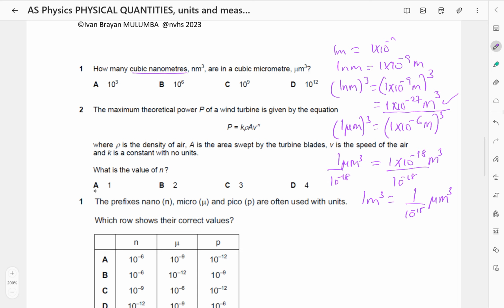One cubic micrometer is 1 times 10 power negative 18 meters cubed. And when I divide both sides, it means 1 meter cubed is equal to 1 over 10 power negative 18 cubic micrometers.